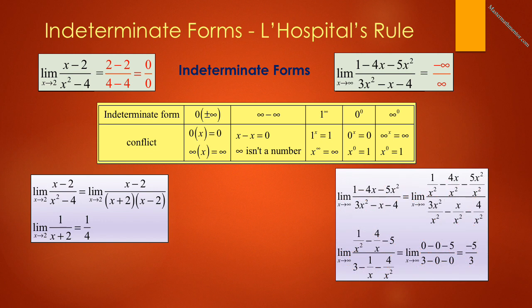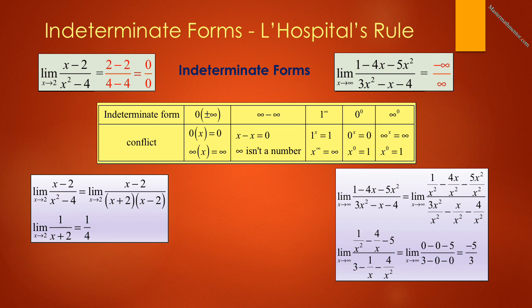In the second problem, the limit as x approaches infinity of 1 minus 4x minus 5x squared over 3x squared minus x minus 4, the technical way to handle this is to divide every term by the highest power in both numerator and denominator, which is x squared.